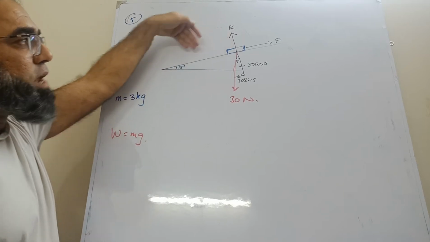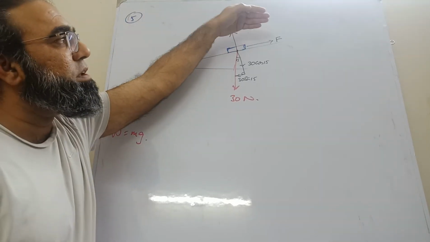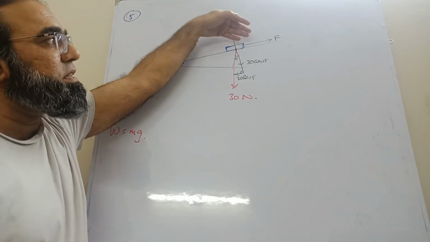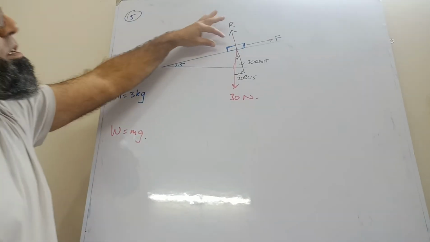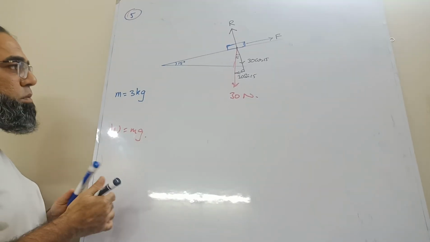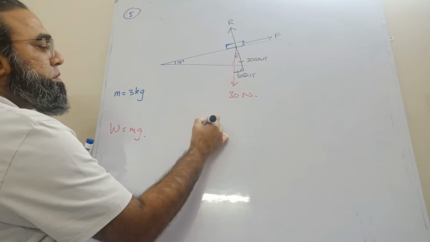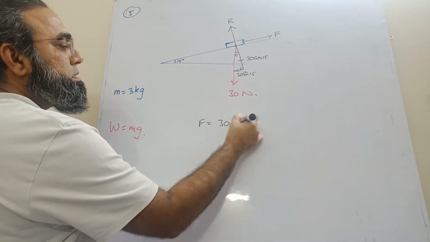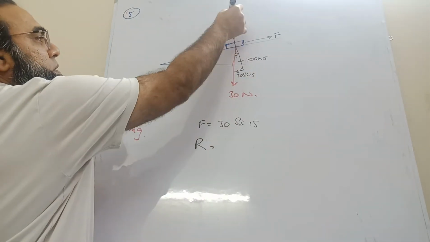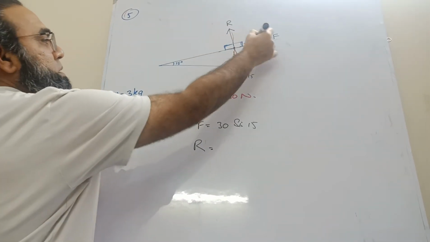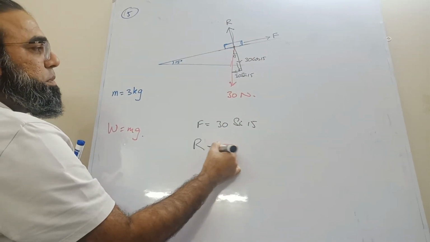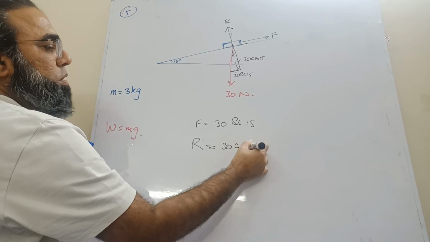So the book wants to go down, but this friction will not allow it. It is preventing this from slipping down, so that means this is in a state of equilibrium. So this frictional force F is going to be 30 sin 15, and this R, upward and perpendicular to this inclined surface, is going to be 30 cos 15.